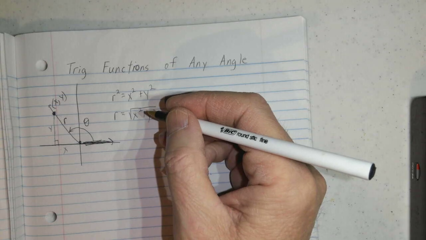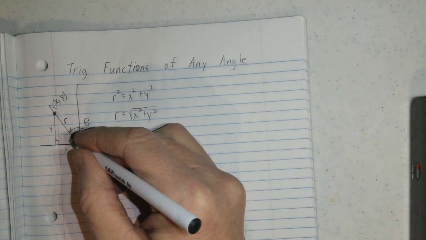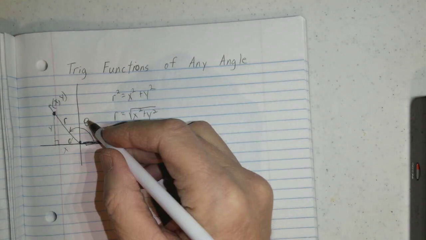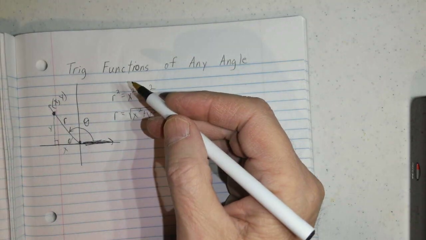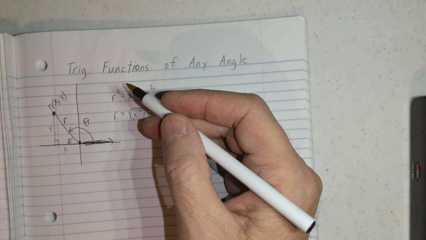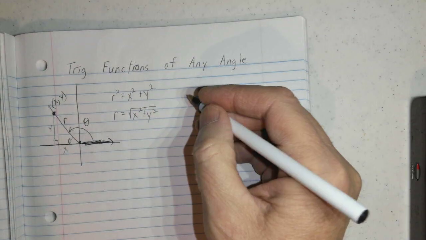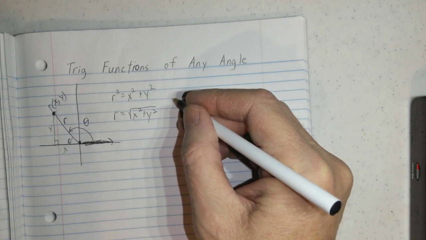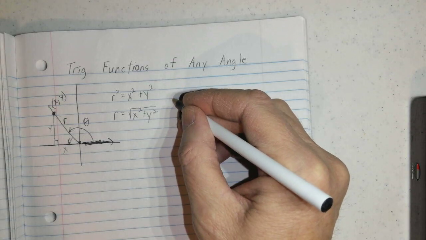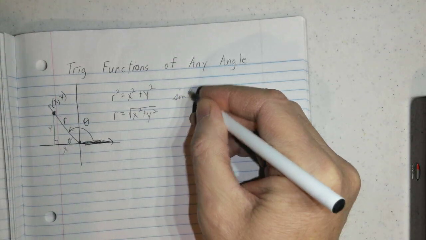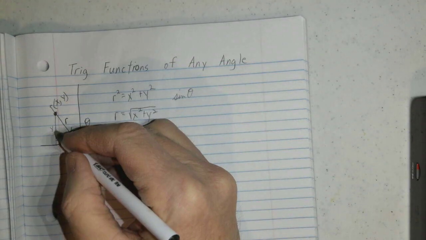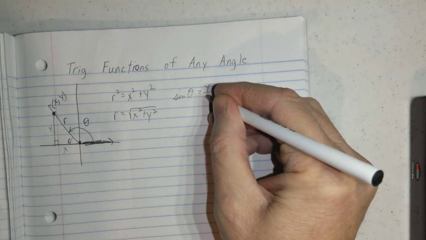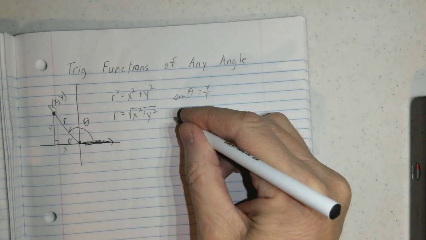Now, if I go with this reference angle, theta prime, it's going to have the same trig functions as theta. And you'll notice the sine of theta is the opposite over the hypotenuse, which I'm going to write as y over r.